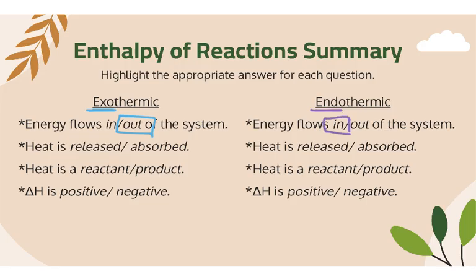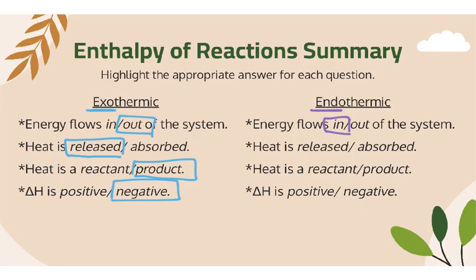And then as we look at the rest of these under our exothermic, so again, exo, that heat is being released, our energy is going to flow out of the system. Heat is released, leaving the system. And so if it's leaving, that means that our heat is a product. We'll see it on the right side of our reaction. And delta H is going to be negative.